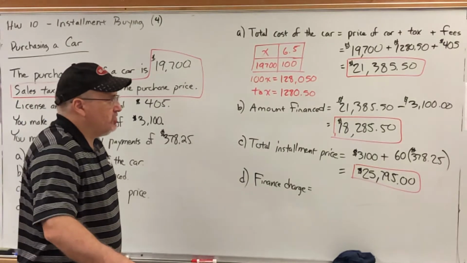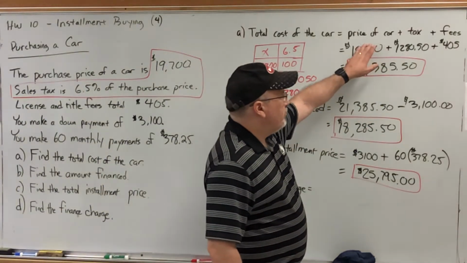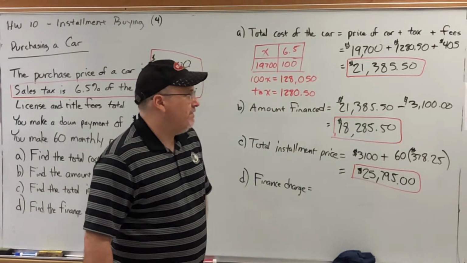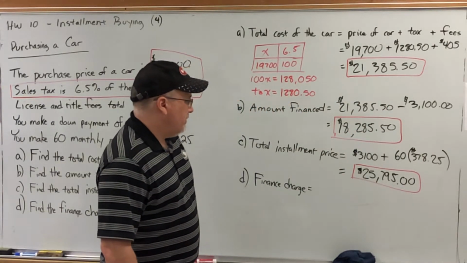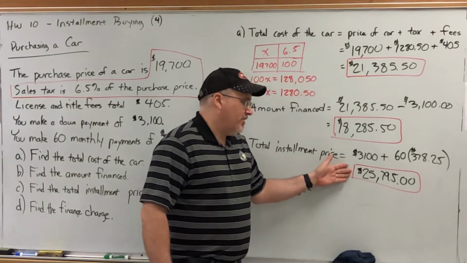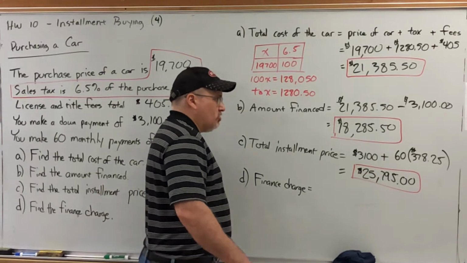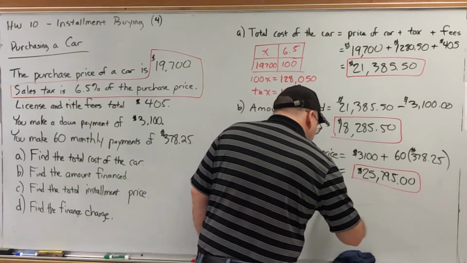The total cost of this car, cost, tax, and fees, was $21,385.50. But I'm going to end up paying $25,795 for it. So the finance charge is the difference between the two.